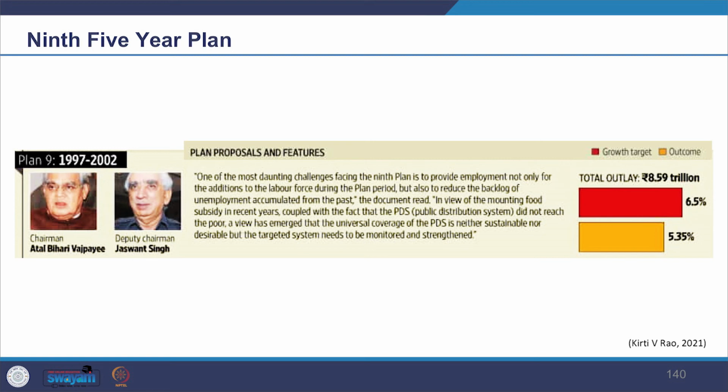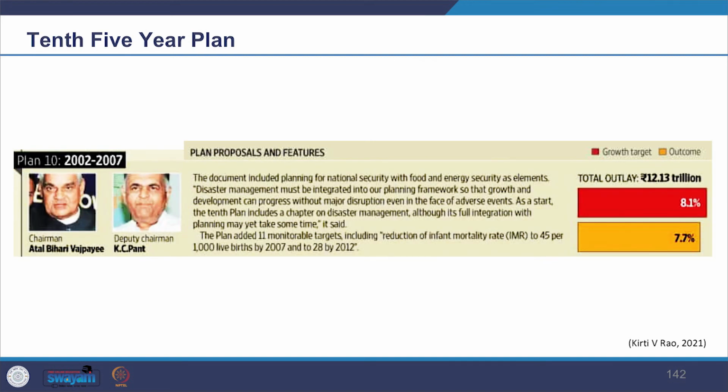Moving on in the timeline, we further see the 10th 5-year plan from 2002 to 2007, which now focused on monitorable targets on the key indicators. 11 indicators were identified at that time. The focus was also on the reduction in gender gap, particularly in literacy and difference in wage rates.